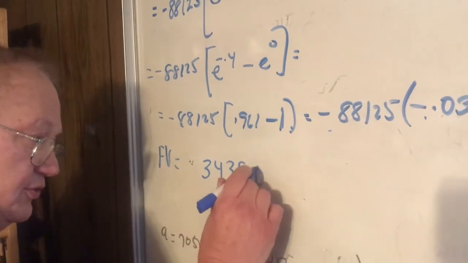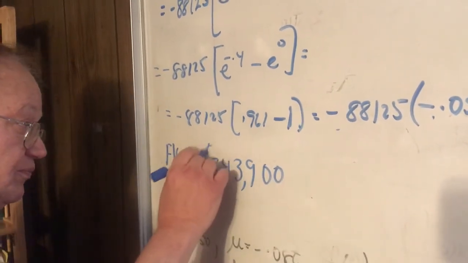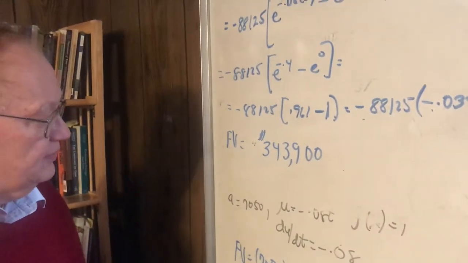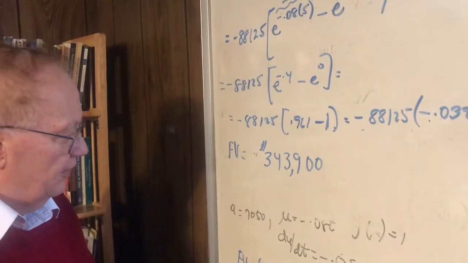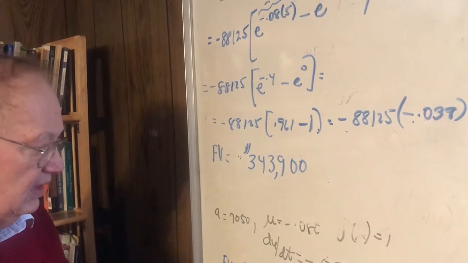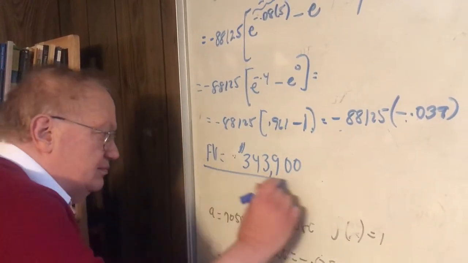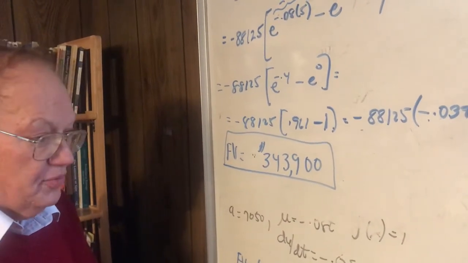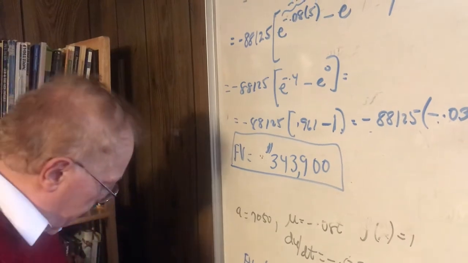So we have to add 2 more zeros on here. But you get that from the problem. Anyway, all right, so that is your future value if you invest it at 7% for 5 years.